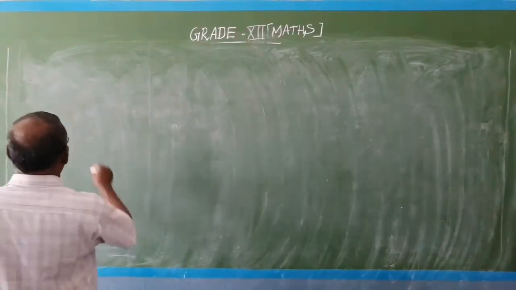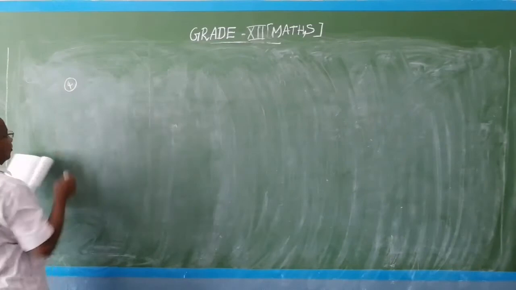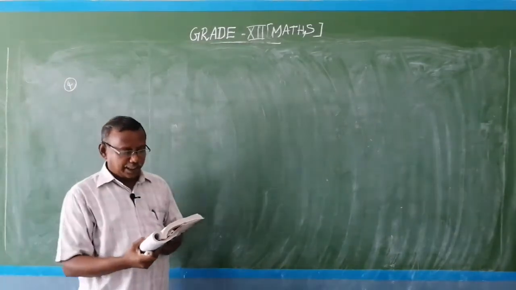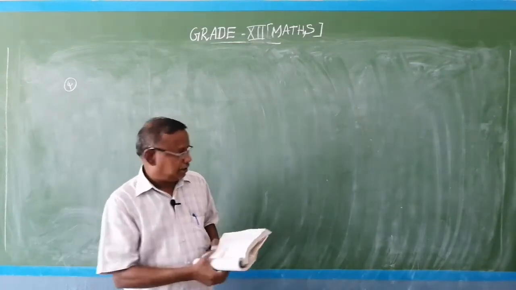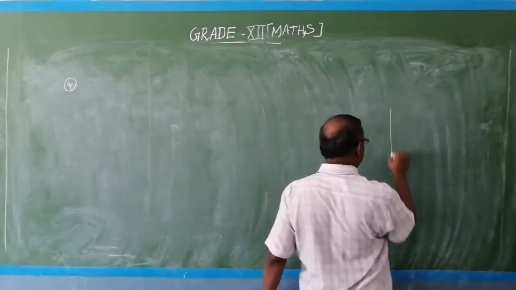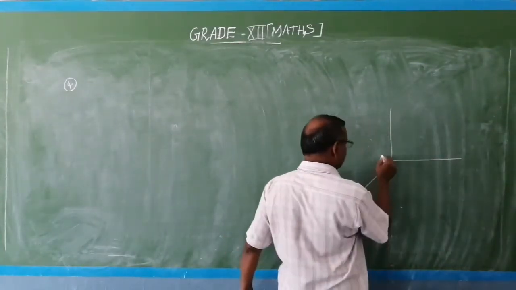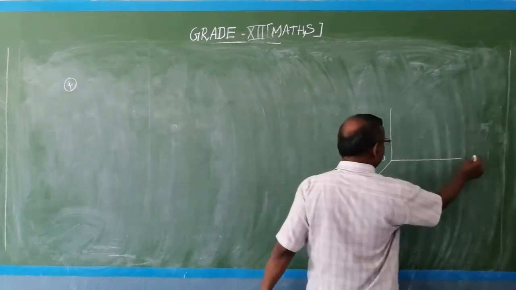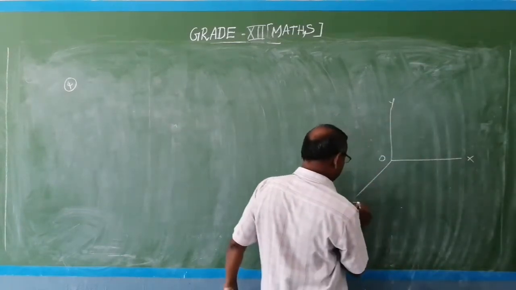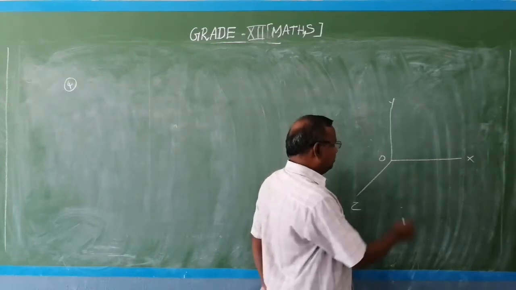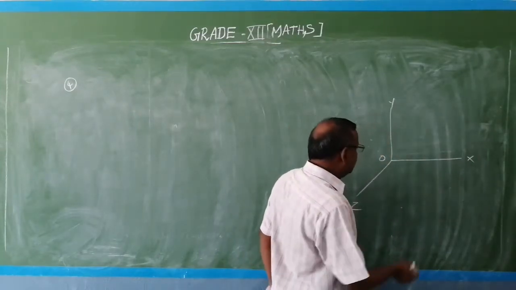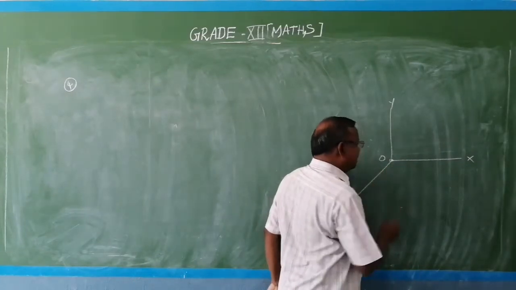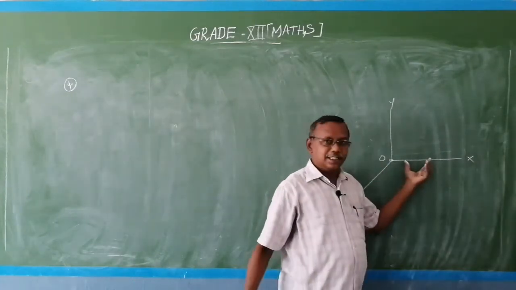Question number 4. Find the equation of a line parallel to the x-axis and passing through the origin. Consider this three-dimensional O, X, Y, Z. Any line parallel to the x-axis and passing through the origin means the x-axis itself.